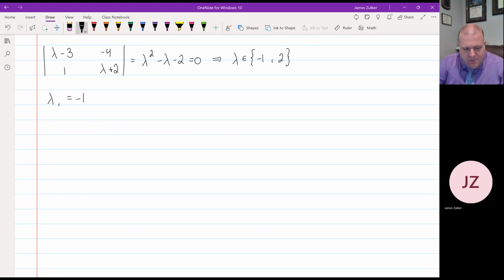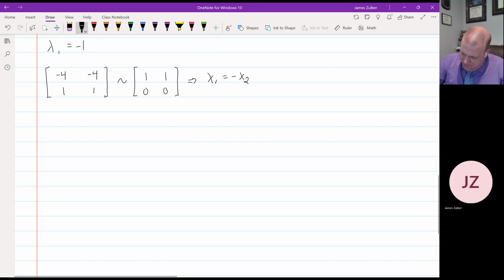And so let's start with lambda being -1. We'll reduce this. Obviously, then x1 has to be -x2.